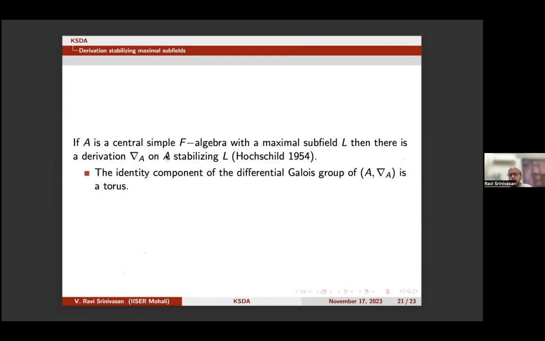You will then end up solving a matrix differential equation y prime equals py, where p is a diagonal matrix. We know how the Picard-Vessiot extension looks: they are all exponentials of the diagonal entries, and for that reason you end up getting a torus.